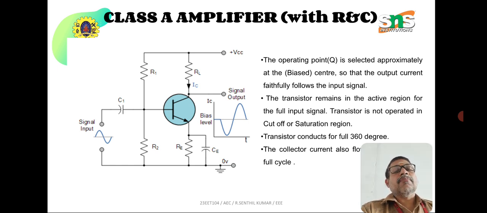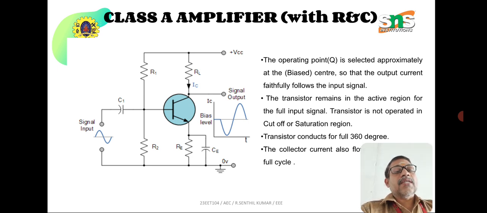RE represents the emitter resistance, and CE represents the emitter capacitor, both for stabilizing and filtering purposes. RC is nothing but RL, connected in series with the collector, acting as a load resistor.